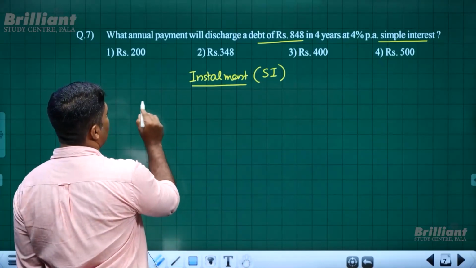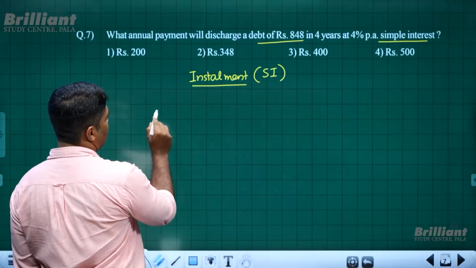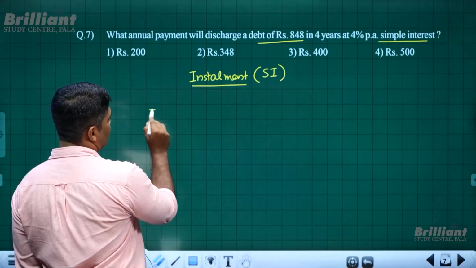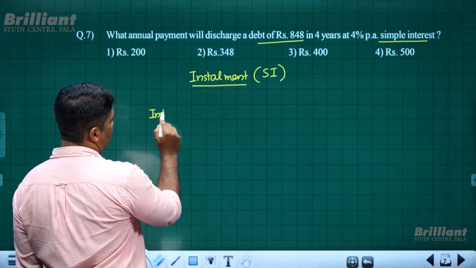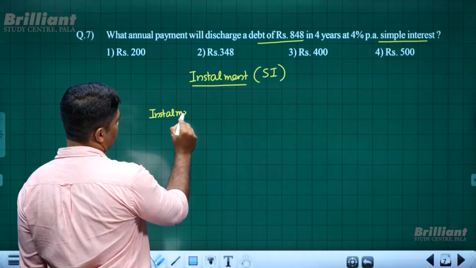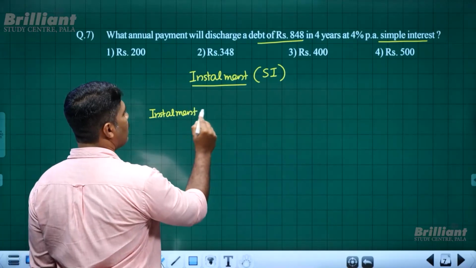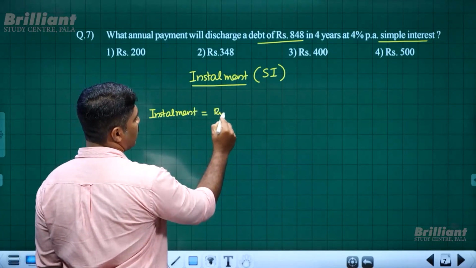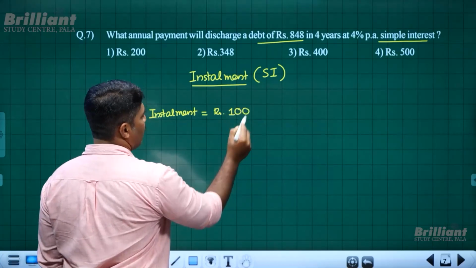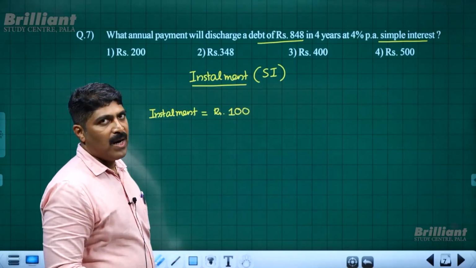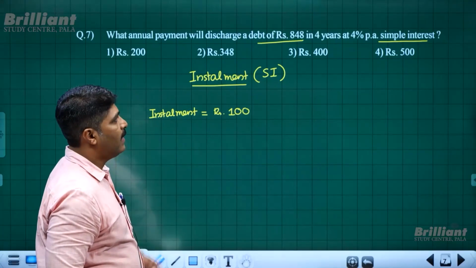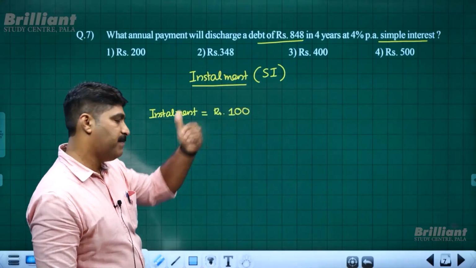That is our assumption. So what will happen? How will that act related to that amount of debt?